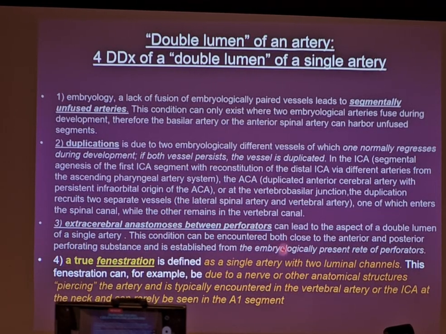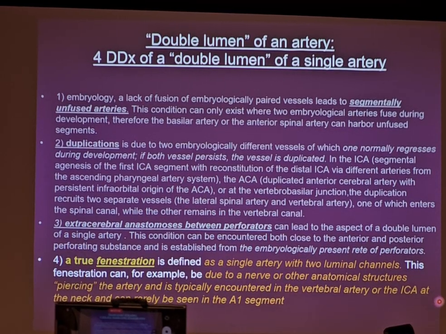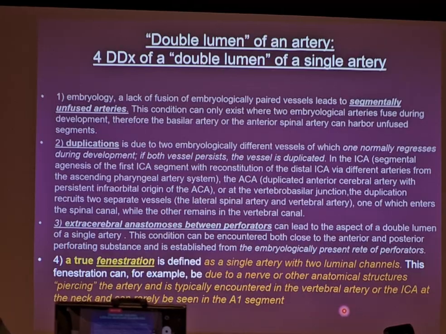And probably the so-called true fenestration should be applied to a single artery with two luminal channels. This can be, for example, during development, a nearby nerve or anatomical structure piercing through the artery, and it is typically encountered in the vertebral artery or the ICA at the neck.